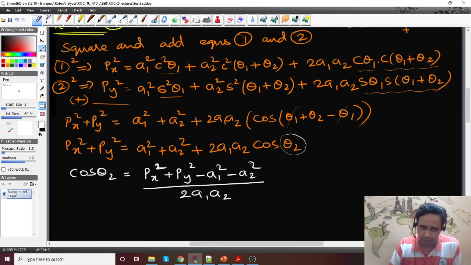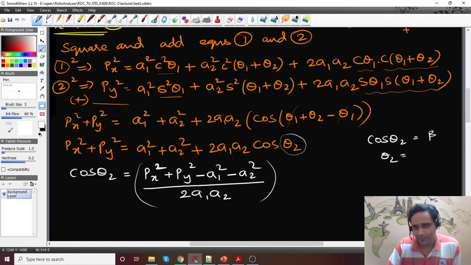Some of you may want to find theta 2 by doing a cos inverse of this whole term, right? If cos theta 2 is equal to some beta term, theta 2 will be cos inverse of beta. But the danger here is we don't know which quadrant this theta 2 is lying in.